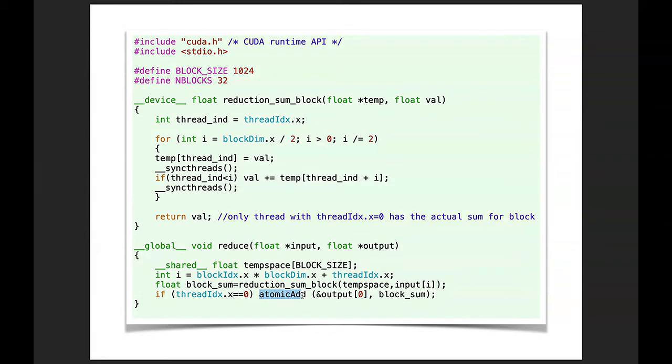It also uses the atomic add, which isn't optimal because this is an operation which serializes. Only one thread can be performing the atomic add at a time, which can slow you down because it's not happening in parallel.